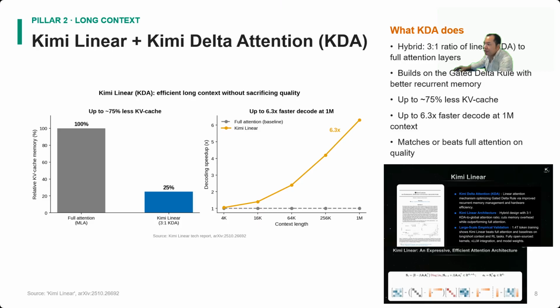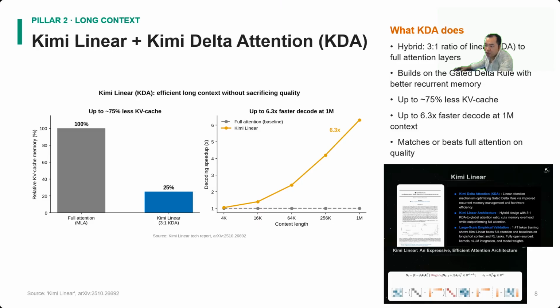The two panels quantify the win, I think: up to about 75% less KV cache memory and up to 6.3 times faster decoding at a long 1 million token context. But more critically, this isn't just a quality-for-speed trade.